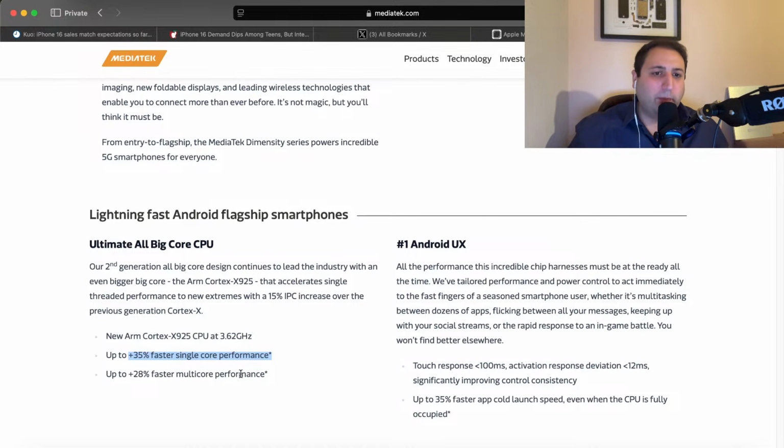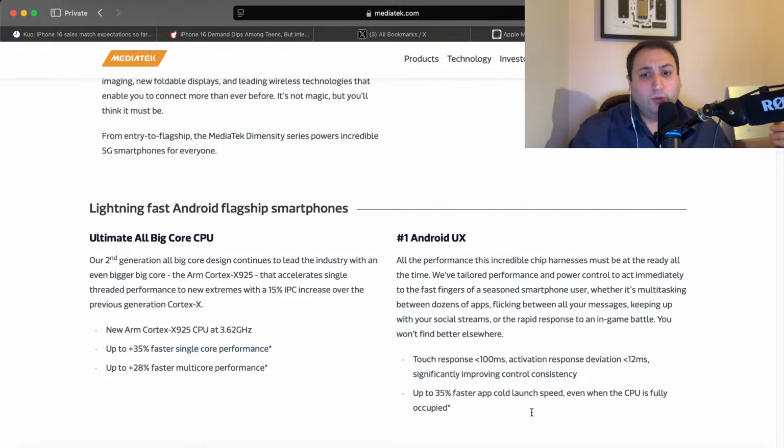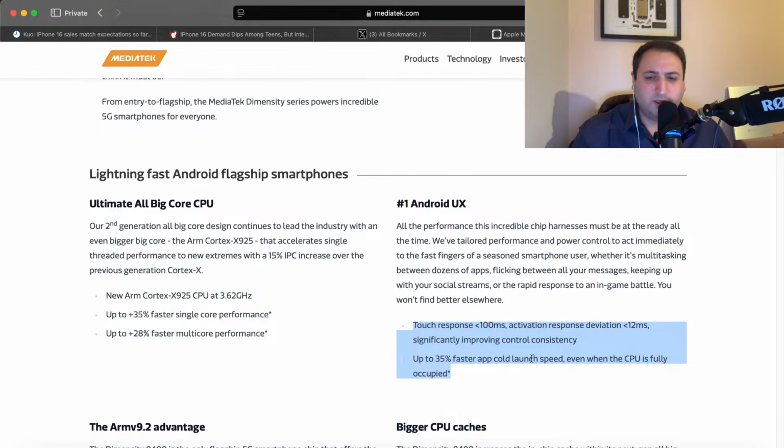So the jump between the Dimensity 9300 and 9300 Plus to the 9400 in terms of nodes is higher than Apple's. Apple, of course, having jumped from the A17 Pro that was based on TSMC's N3B node to the new N3E node. They do talk about stuff like touch response, faster uploading stuff, so that's interesting.